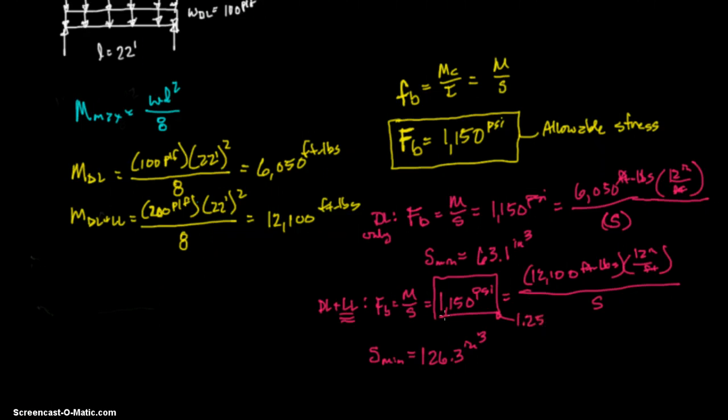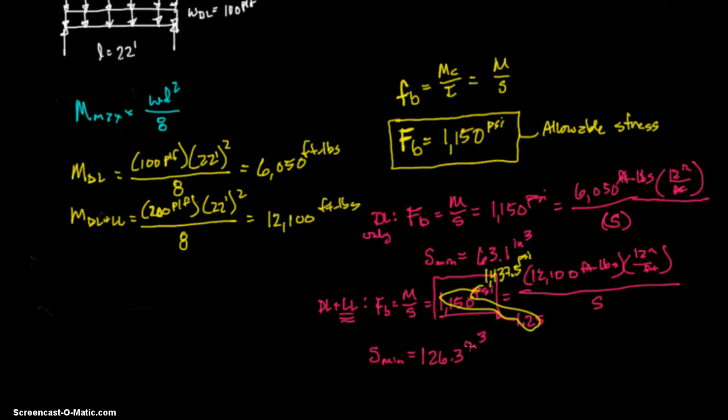And we do that, 1150 times 1.25, let's switch colors here, this times this, and you get 1437.5 psi. And that's a little bit more intuitive about what they're allowing.